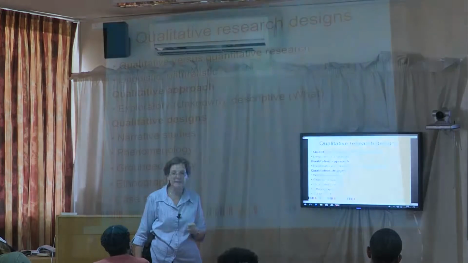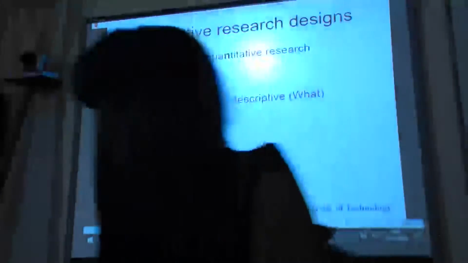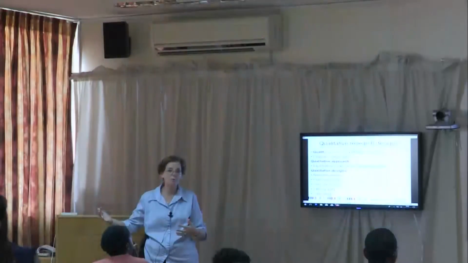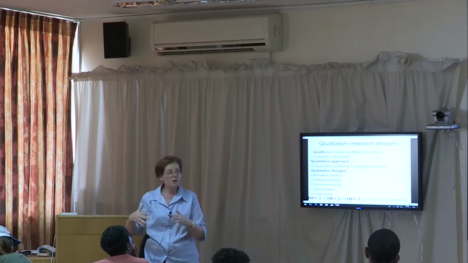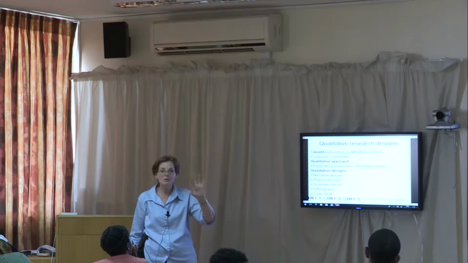In quantitative data, we ask a person a question, like you answer a multiple-choice question, and the person must choose one or 2 or 3 options. You give them a few options to choose from for each question that you're asking. So in quantitative research, we normally use questionnaires.